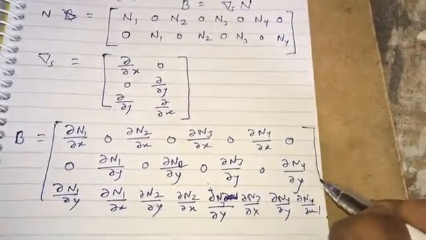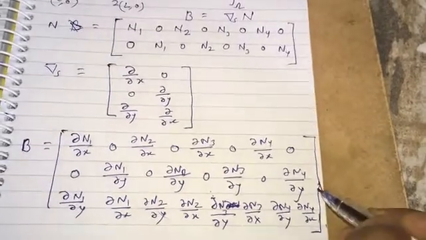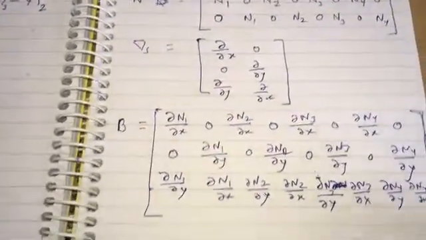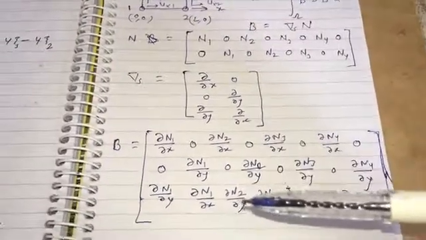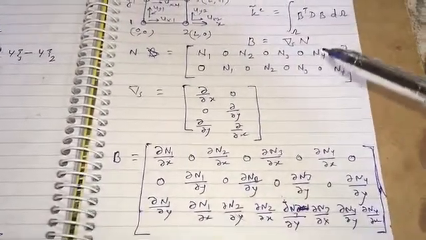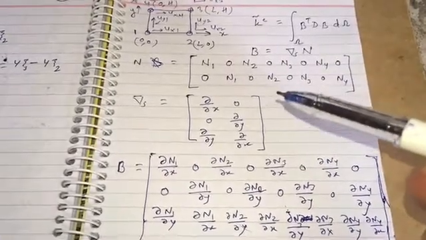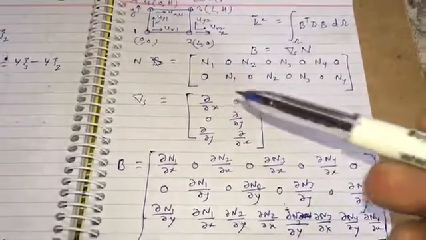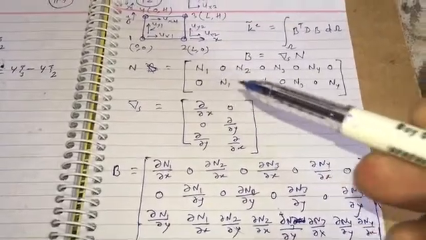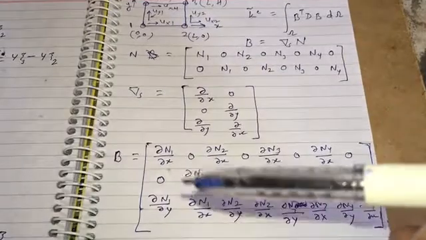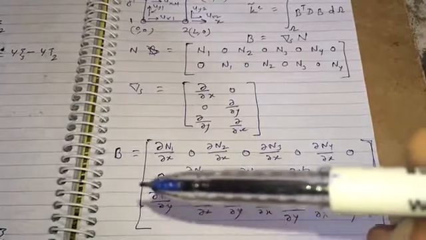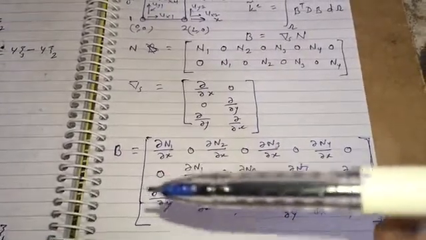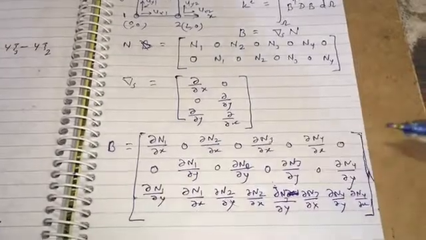So this is how this matrix will be. So far all these equations we have derived already in the beginning itself. Here small n equals 4, hence you have N1 to N4, and hence B is a matrix whose dimension is 3 by 8 in this case.